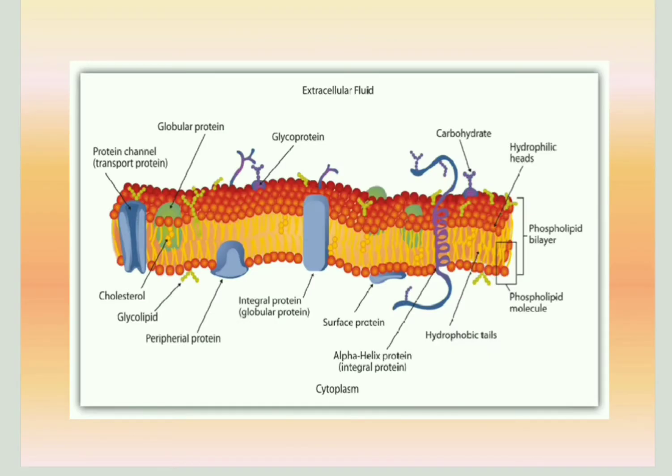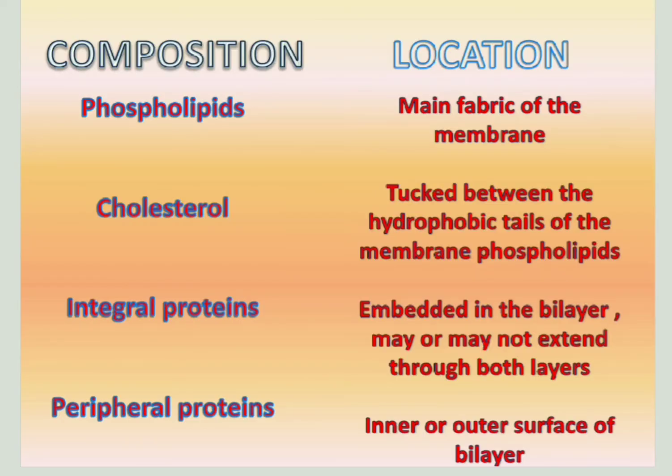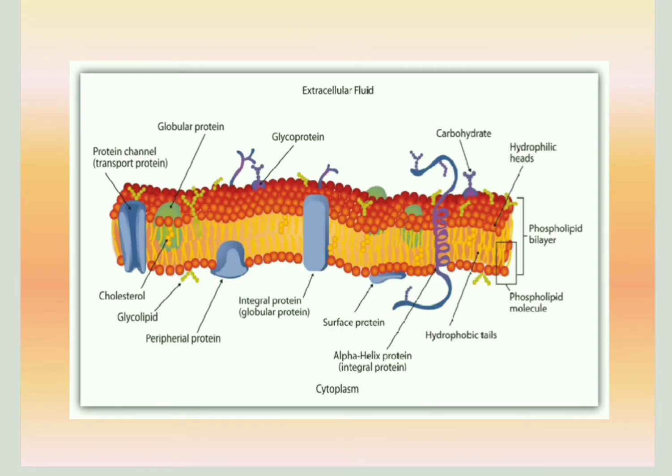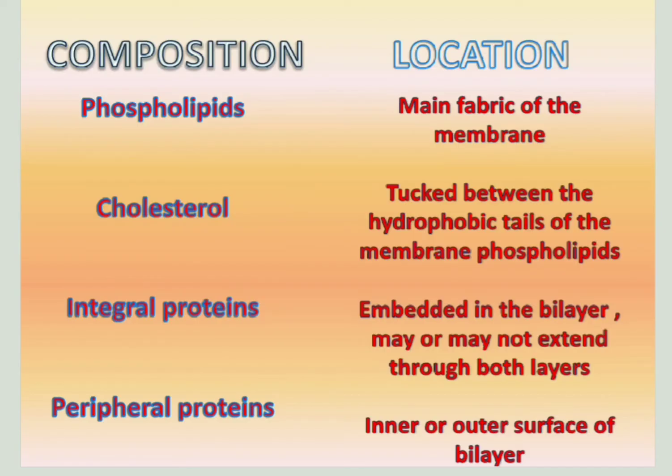See here the membrane phospholipid, this red color portion, and the cholesterol, the green color portion, tucked between the phospholipid hydrophobic tails. Then integral proteins are embedded in the bilayer, and may or may not extend through both the layers.